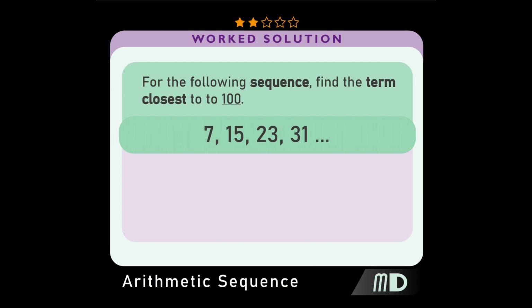A linear sequence, or arithmetic progression, is a pattern of numbers where the difference between any two consecutive terms is always the same. The term-to-term rule, also called the common difference, is the amount added or subtracted to get from one term to the next.